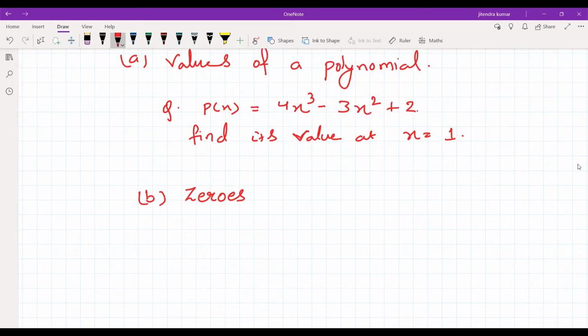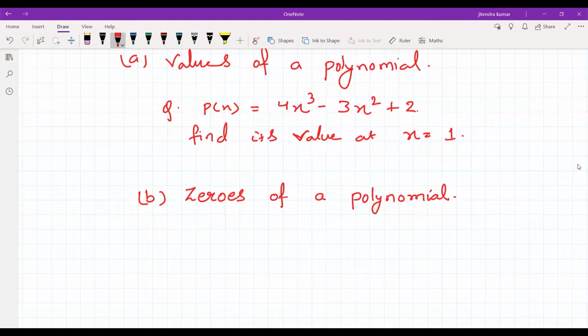Okay, correct. And Laksh, what about you? Laksh, have you got the answer? Sir, 3. Okay, correct. So I think it is clear to us. Okay, so let's move now to zeros of a polynomial.